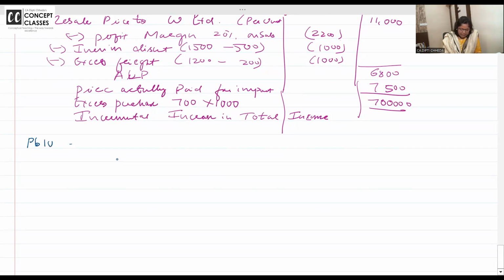Problem number 10. Is it clear to all of you how to start the problem? Anywhere you feel, ma'am, confusion even after reading the problem, let me know. We will draw the diagram, and if you are clear, I'm not drawing. US Limited is selling to me, and we are associate enterprises. US Limited is also selling to others, but to others they have included 3 months warranty also, right?